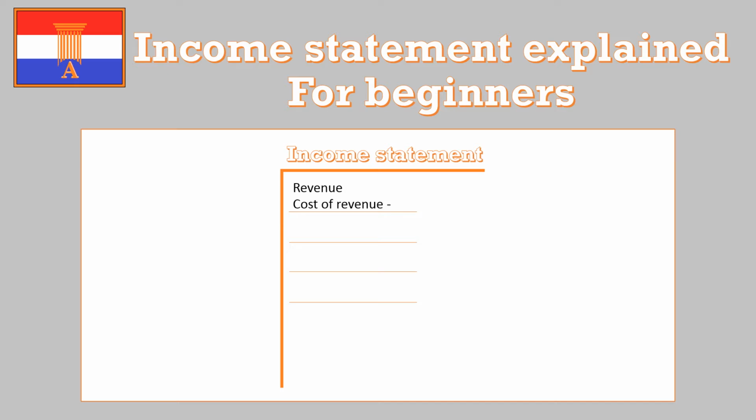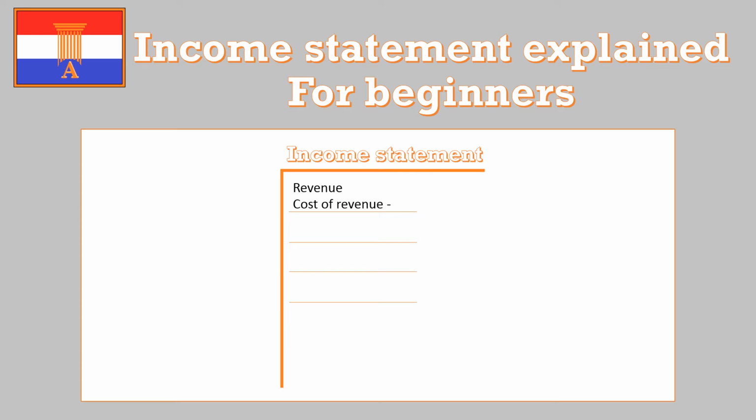So if you hire someone to sell the lemonade, then I can assure you that is not considered to be cost of revenue because it's not directly related. What is directly related is the cup, the lemonade itself, stuff like that. So that's something that you need to consider. There is some kind of subjectivity to it, and we'll get to that later, but that is all you need to know.